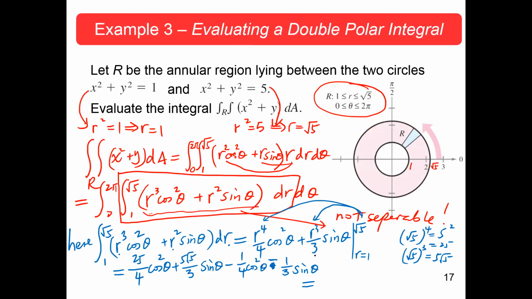Let's see if we can first combine some of the like terms. So we can combine the cosine theta terms. 25 over 4 minus 1 over 4, I get 24 over 4, which is 6 cosine theta squared, plus 1/3 times 5 root of 5 minus 1, sine theta.